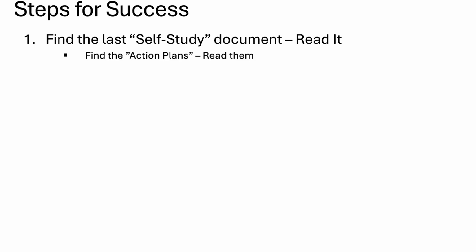Oftentimes it's ironic that these action plans get lost. They sit on a shelf somewhere and nobody knows where they are, and yet people put hours and hours of discussion and planning into them. So find the action plans and, once again, read them.